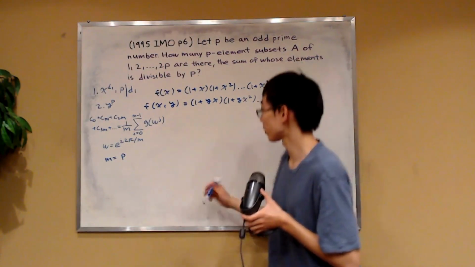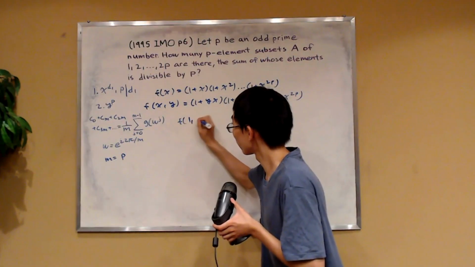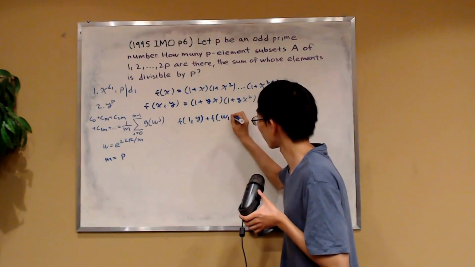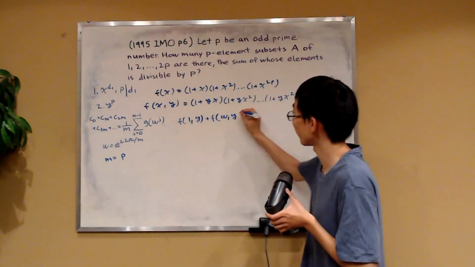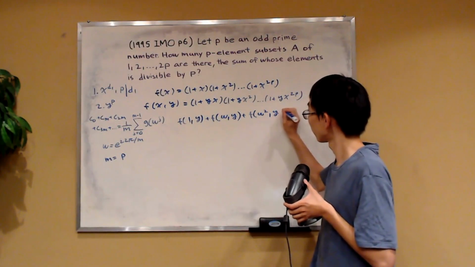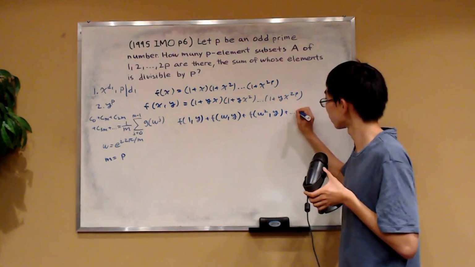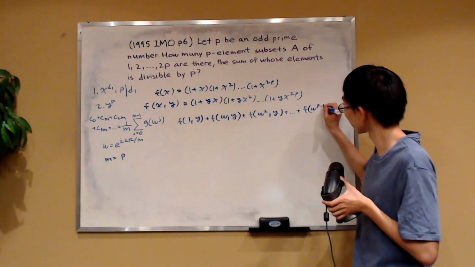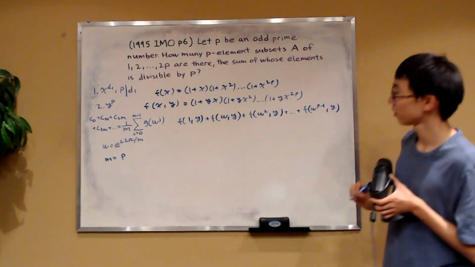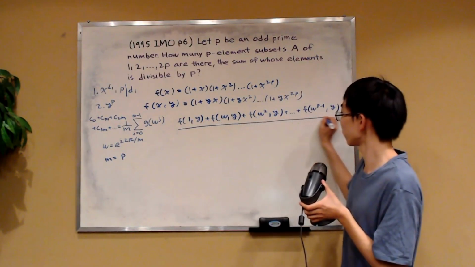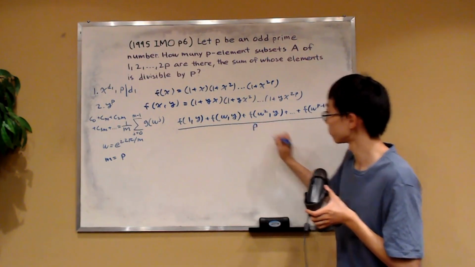Basically, this formula gives us f of 1y plus f of omega y, plus f of omega squared y, plus all the way to f of omega to the p minus 1 y. And we have to finally divide this entire thing by p.